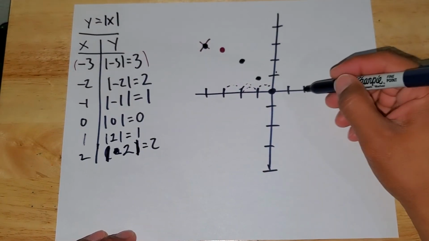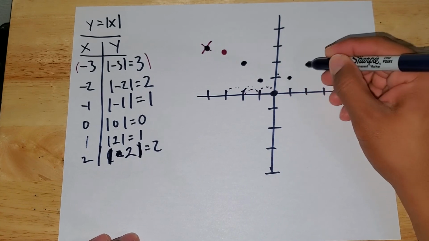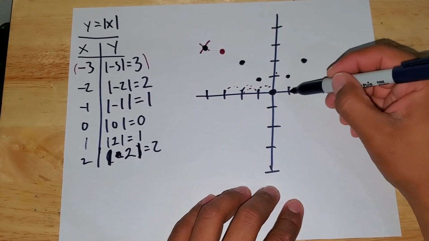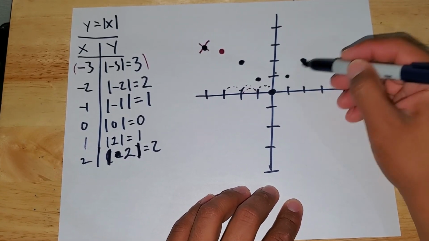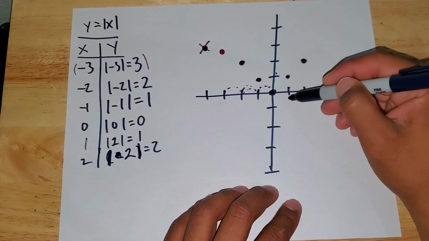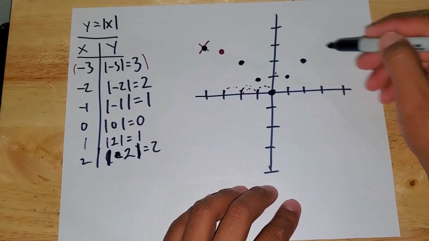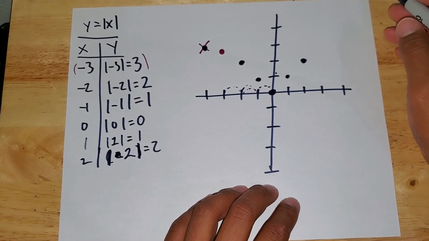So at 1, we have 1. At 2, we have 2. And so on and so forth. But this is going up by 1, right 1, up 1, right 1. So all these ordered pairs are at 1, 1, 2, 2. There'll be another one at 3, 3, 4, 4, 5, 5, 6, and so on and so forth.